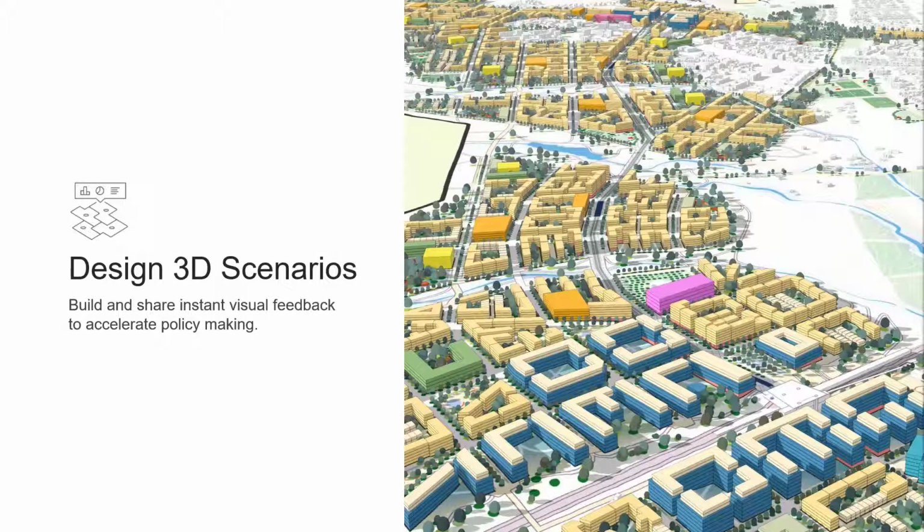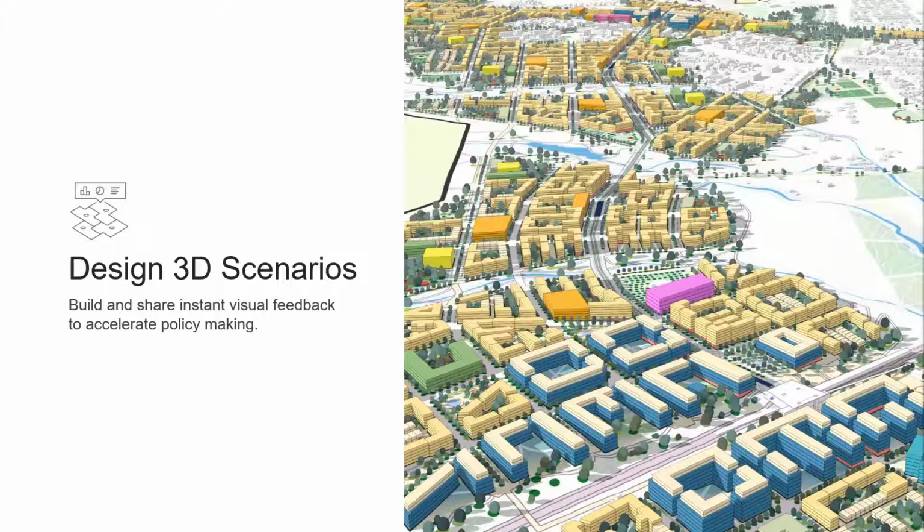ArcGIS Urban can also help planners design 3D scenarios in-house directly from land use and zoning code. As more and more of our cities undergo zoning updates, Urban provides a modern approach. It converts your zoning into a 3D visual representation to drive detailed scenario planning down to the parcel level.